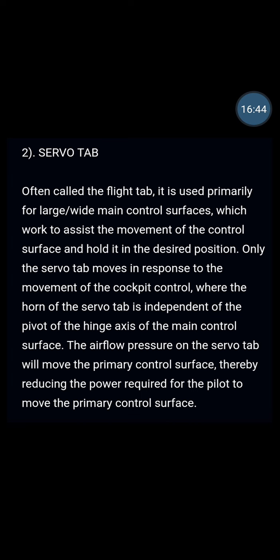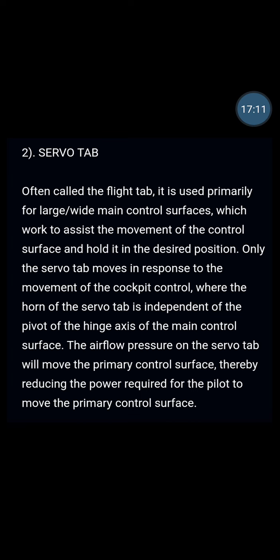2. Servo tab, often called the flight tab. It is used primarily for large or wide main control surfaces, which work to assist the movement of the control surface and hold it in the desired position.